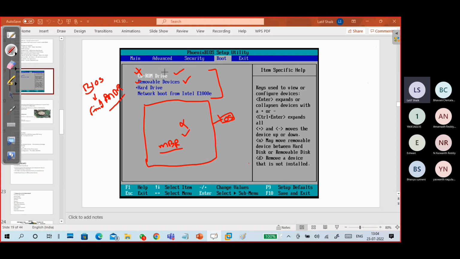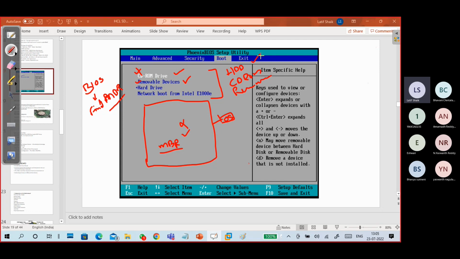For example, a different order. First is hard disk. Next one is CD-ROM. Next one is removable device. This is the order. This is a fresh PC, no OS inside. I connect a pen drive with the OS. So I power on my PC.